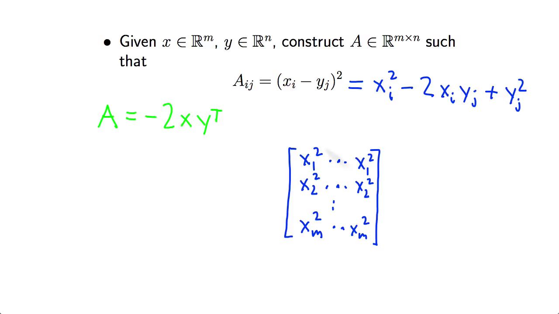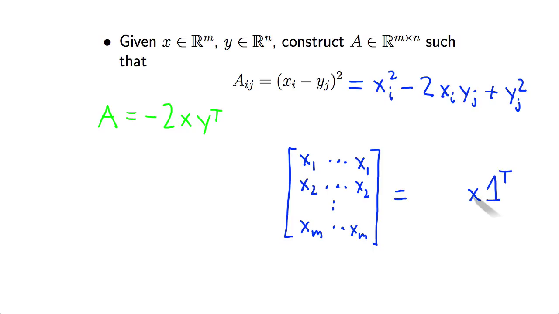Now, first of all, if we didn't have these square terms here, say we get rid of these square terms, well, then we can create this matrix here as the outer product of the vector x and the all ones vector.